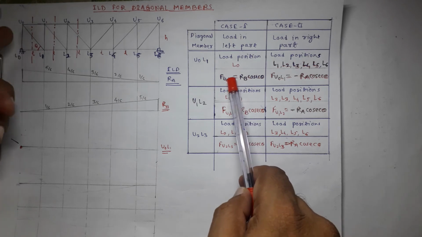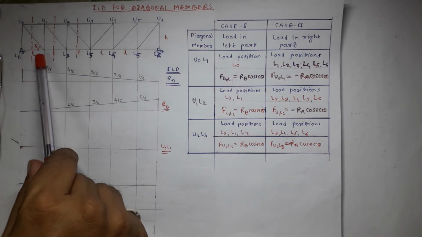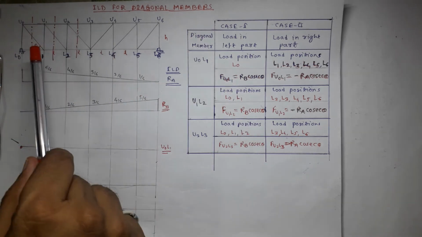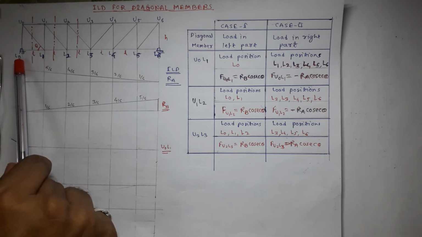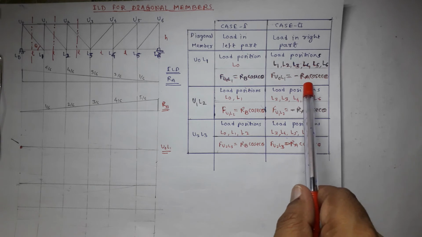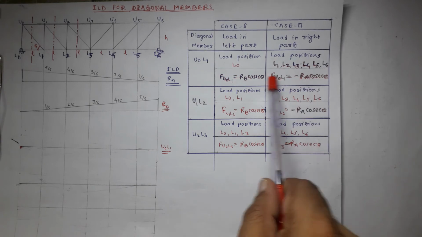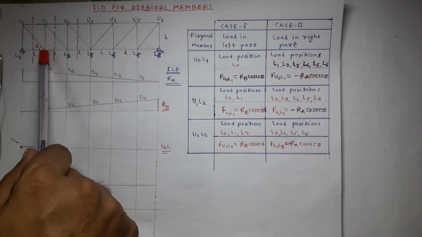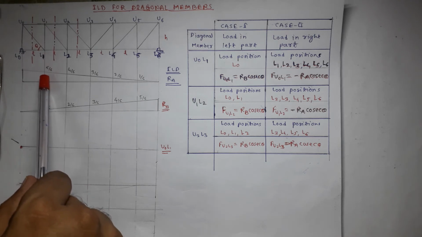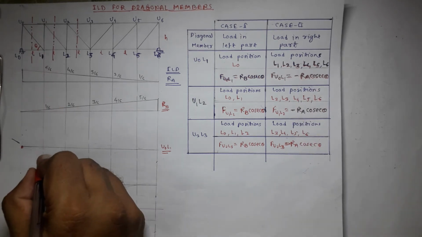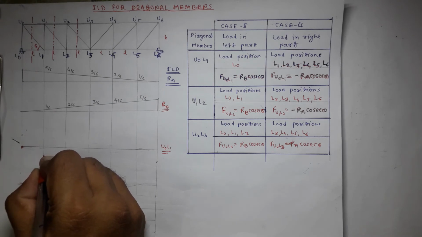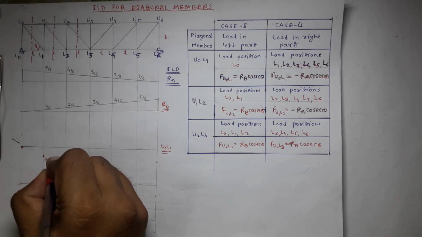Now the load moves to the right part. So the load moves to L1, L2, L3 and so on. When the load moves to the right part, we get the value of the force from the left part, which will be minus RA into cosec of theta. But for this position, when the load is over here, RA is 5 by 6 and as the negative sign is there, so minus 5 by 6 cosec of theta will be the value. It should be plotted below the baseline.